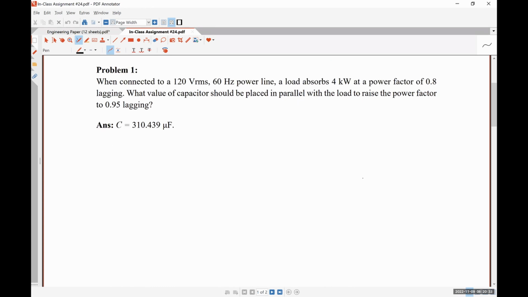So I'm going to draw a picture of what this looks like. So we have a voltage source, and we know that V effective is equal to 120 volts RMS at a frequency of 60 hertz. We do not know what the phase angle is, just to be clear.